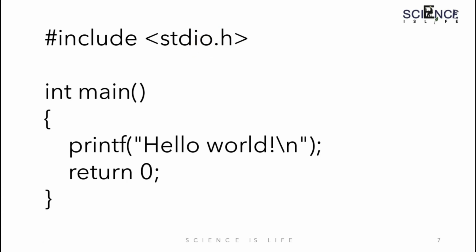That means when we include something within these angle brackets, mentioning hash include, this particular header file will be included into our source code, right? So that is why we use hash include to include this header file.